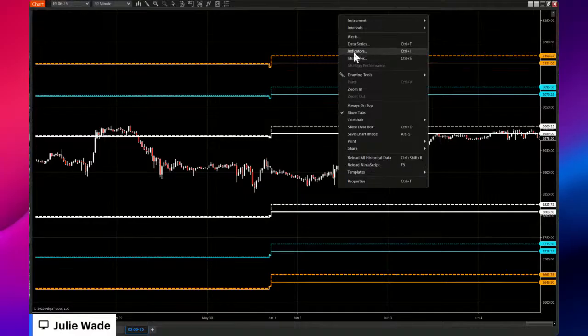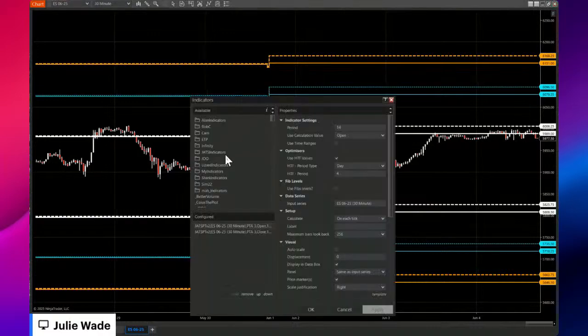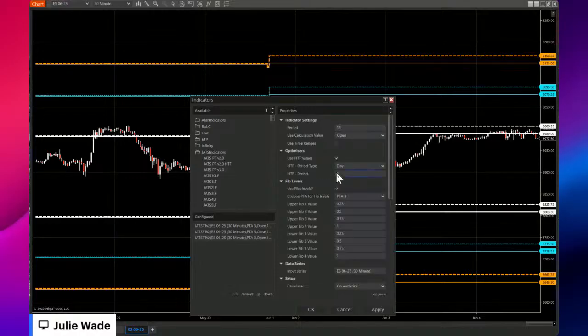Now, when you add the 1-day, you can compare the 1-day to the 4-day. So let's put a 1-day open.